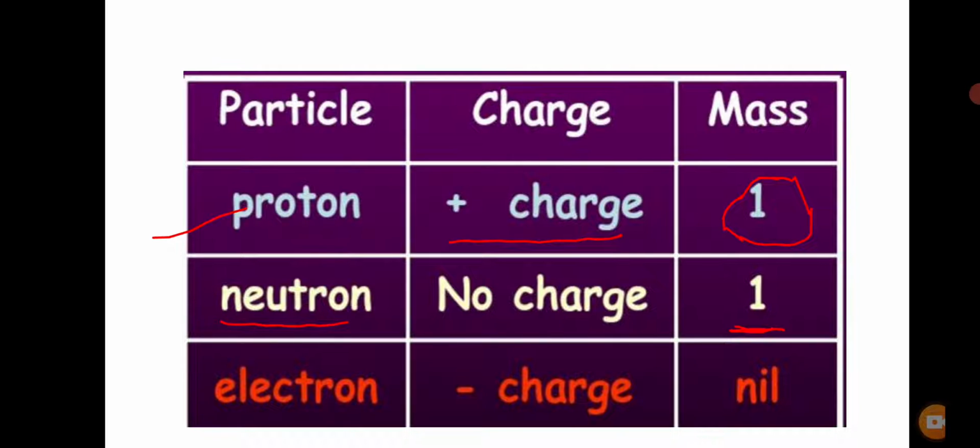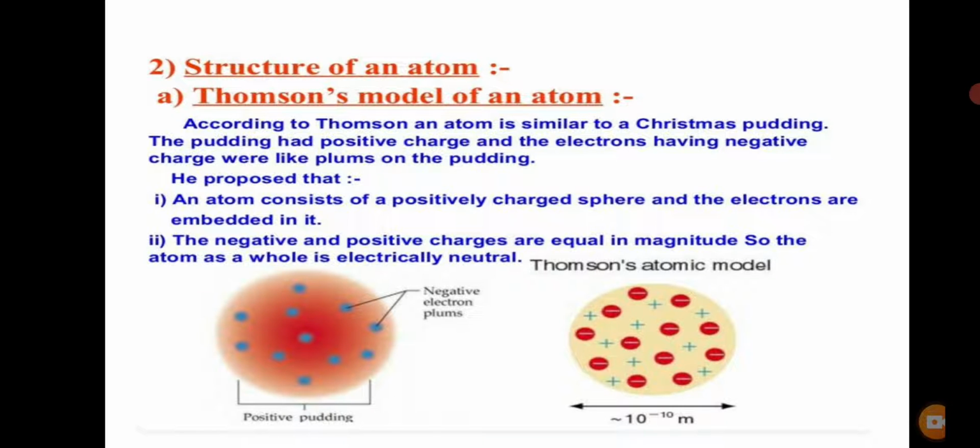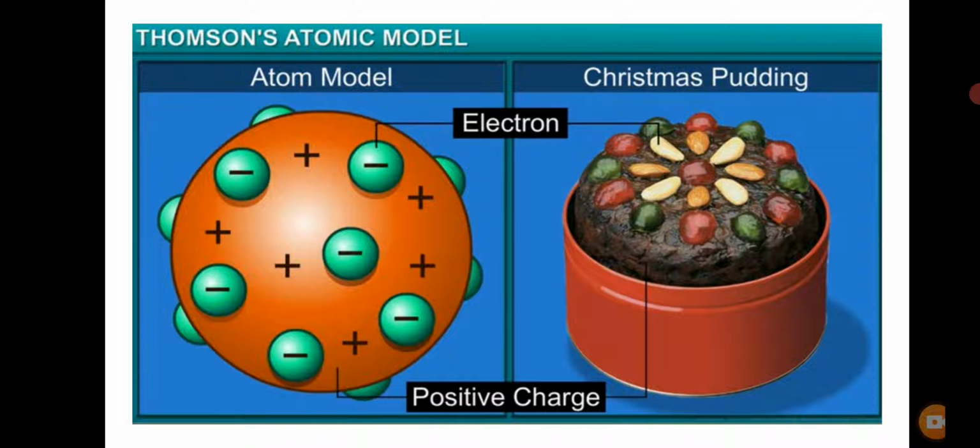Later on, scientists thought about how these particles are arranged inside the atom. So different models were given. In this session we will discuss the Thomson model of atom, the first model. According to Thomson, an atom is similar to a Christmas pudding. See the Christmas pudding here.